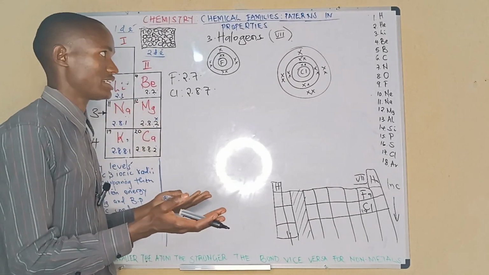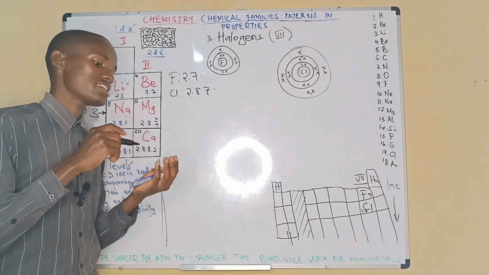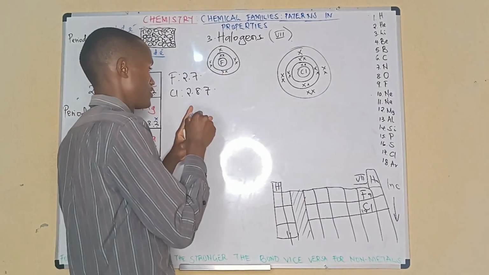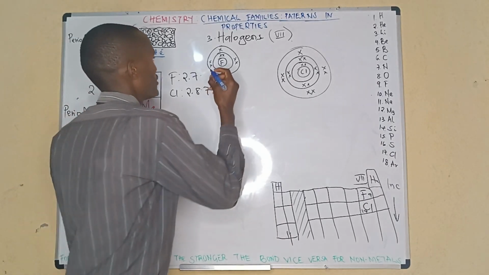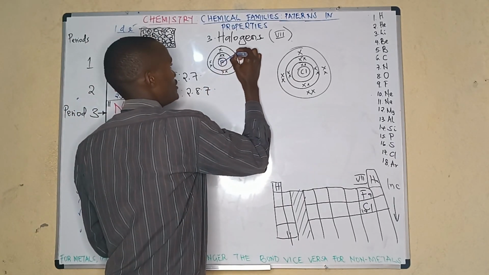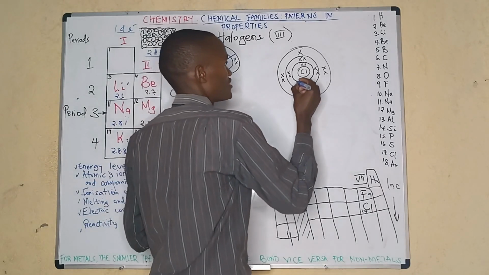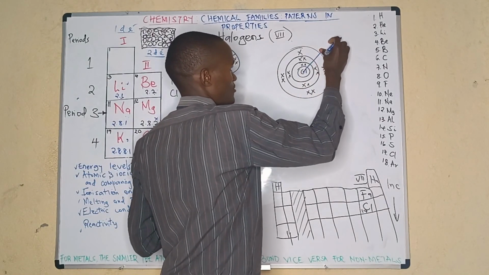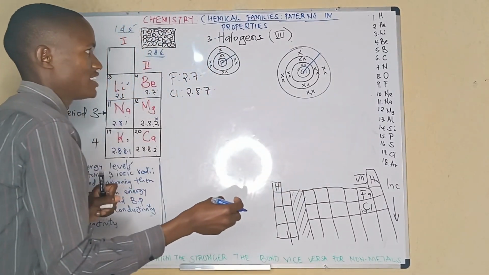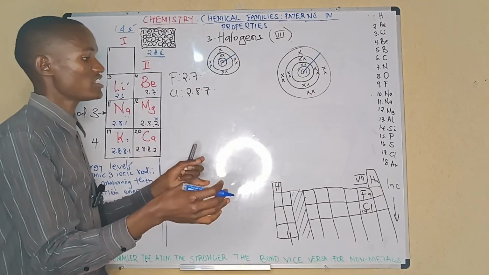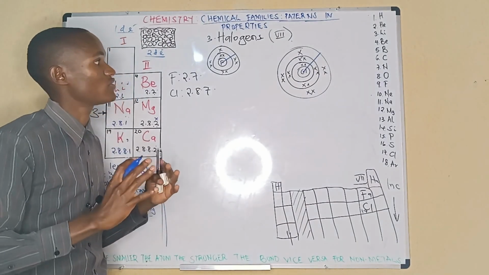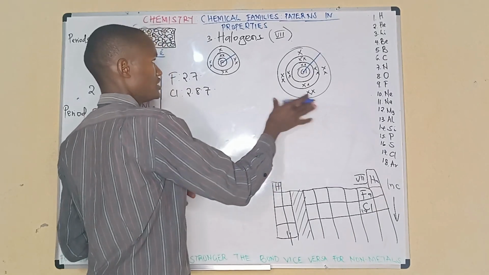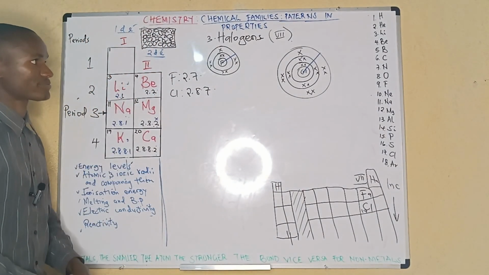Okay, we start with the atomic radius. The distance from the center of the nucleus to the edge. For fluorine, from the center of the nucleus to the edge, that will be the radius. The same case to chlorine. The atomic radius of chlorine, since it has a higher number of energy levels, is big as compared to fluorine.